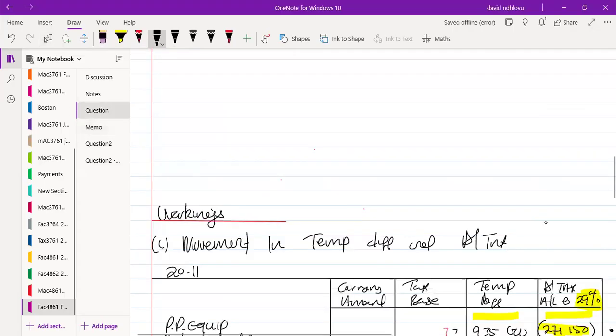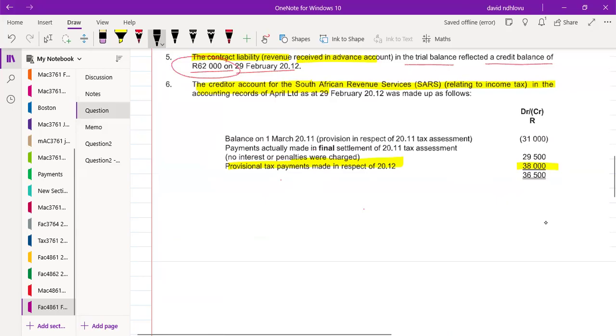This is what happened. Remember, we made a provision in our books before SARS gave us our bill. So, Tina, at the end of the year, because in accounting we apply the accruals concept, we said at the end of the year, we know that we are owing SARS, right? But SARS hasn't given us our bill because you submit your returns, SARS checks them and authenticates them or disapproves them.